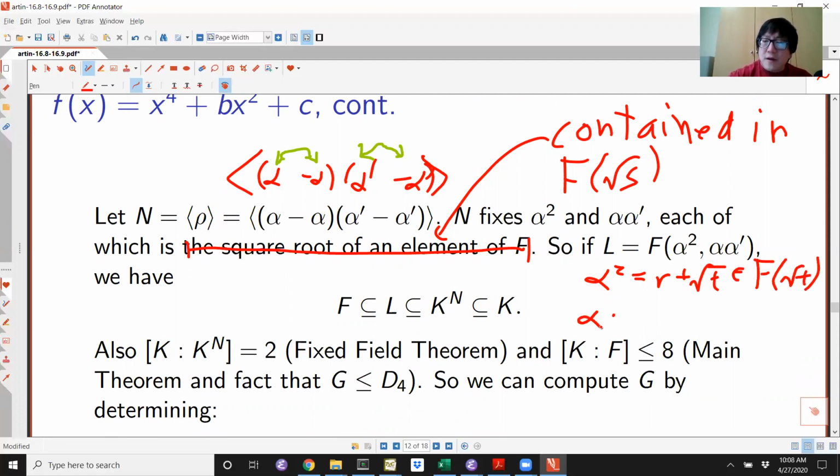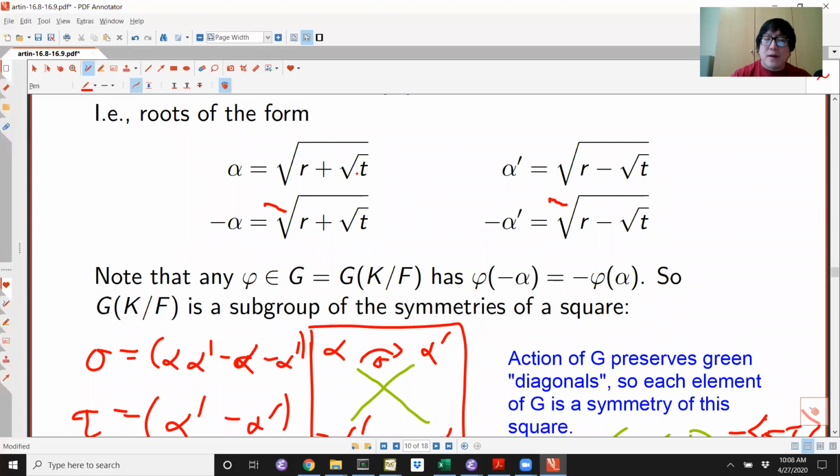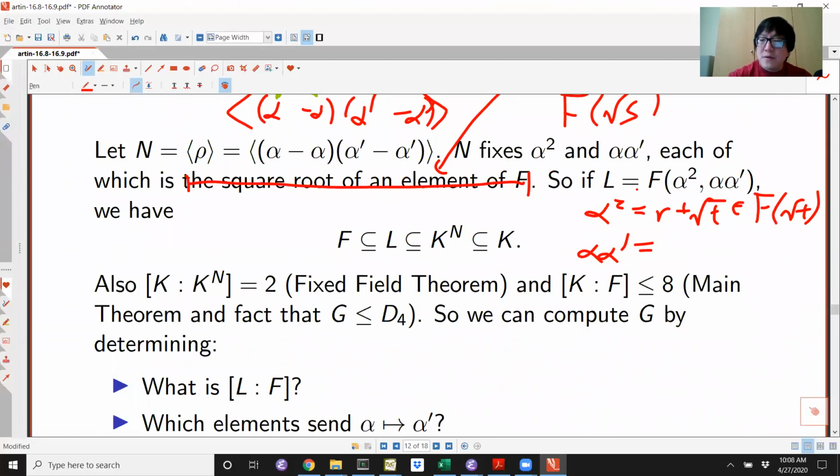And then alpha prime, well, if you multiply out what we had before, the square root of r plus root t times the square root of r minus root t, then you get the square root of r squared minus t. And that's certainly contained in F adjoin a square root.